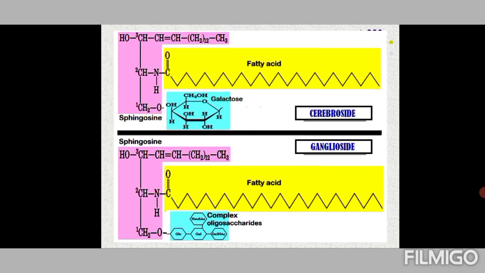In cerebroside, this carbon will have an attached galactose or glucose. So depending upon that, it may be galactocerebroside or glucocerebroside. But in ganglioside, it will be replaced by a complex oligosaccharide. So that is the difference of cerebroside from ganglioside.